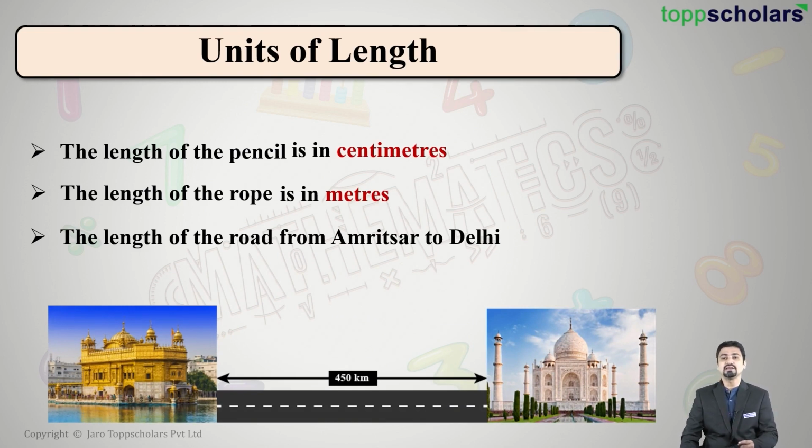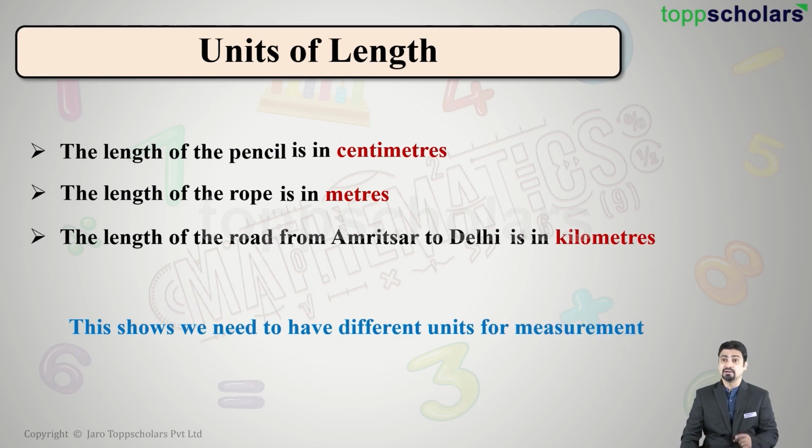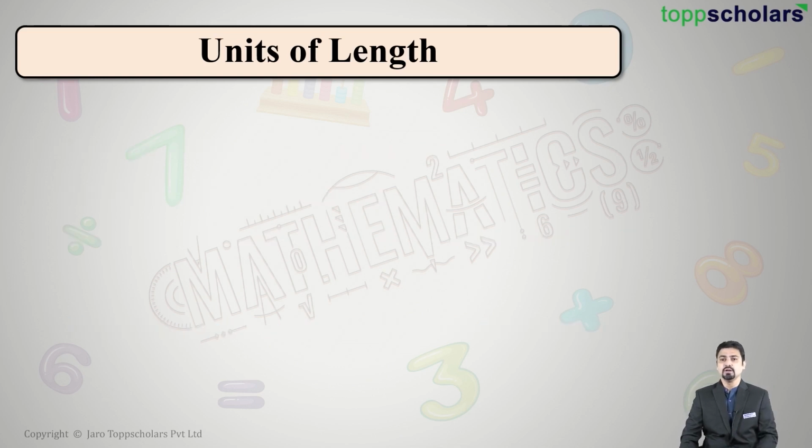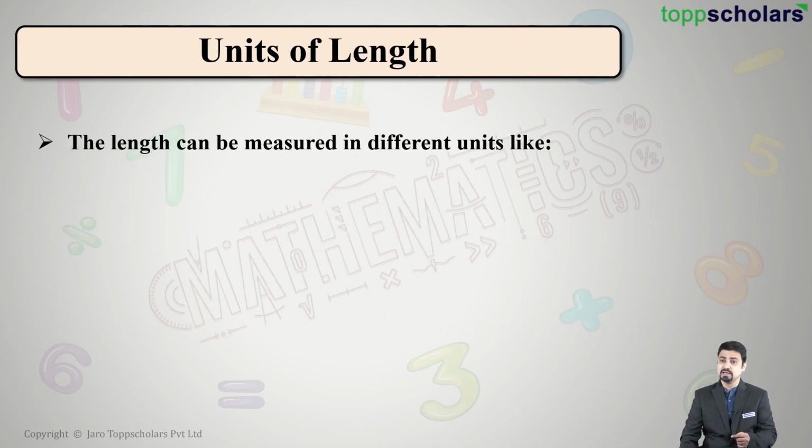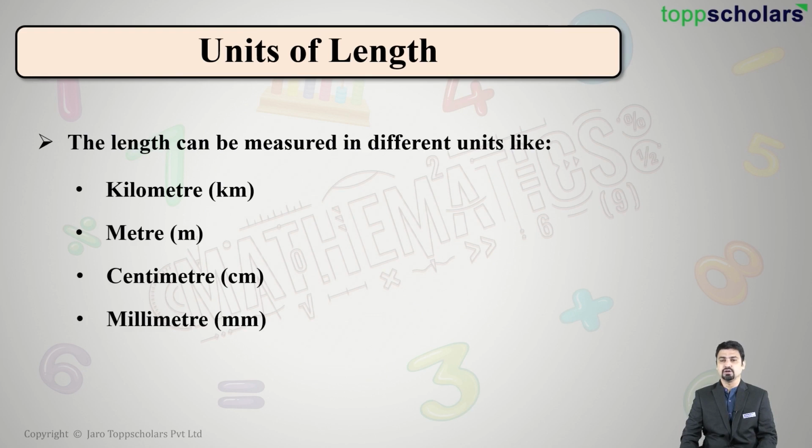Yes, we measure this distance in kilometers. What do we understand from this? We understand that we need to have different units of measurement depending upon our application or the use. So, now the length can be measured in different units like kilometer, meter, centimeter or even millimeter.